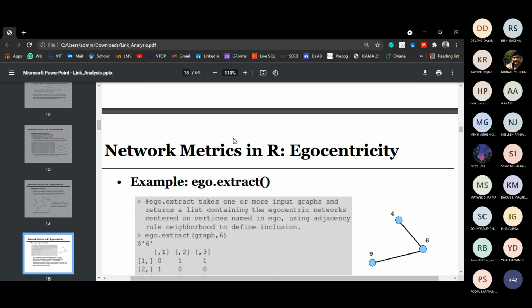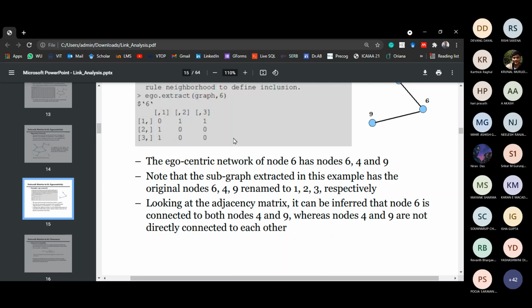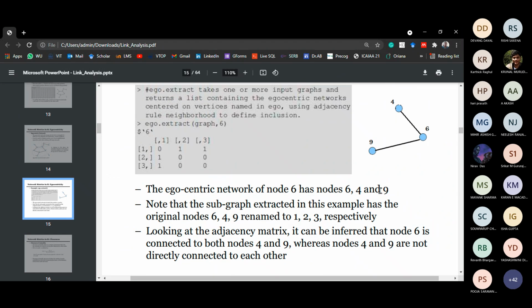So how do we find it? If we look into this example, ego.extract of graph comma 6. It takes the input graph and returns the list of the nodes containing the egocentric network which are centered on the vertices named in the ego. What is the node which we have given here? ego.extract of graph comma 6.